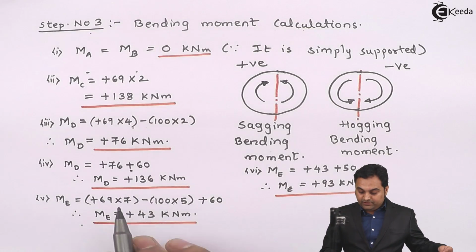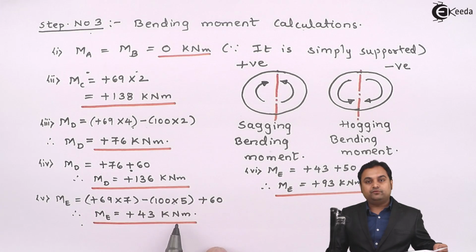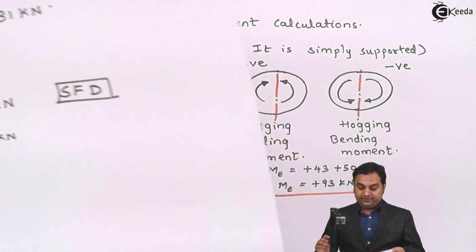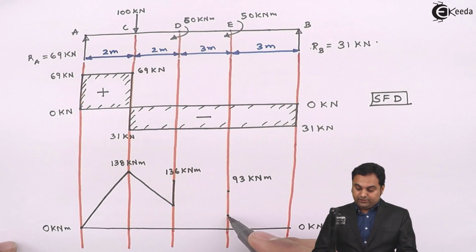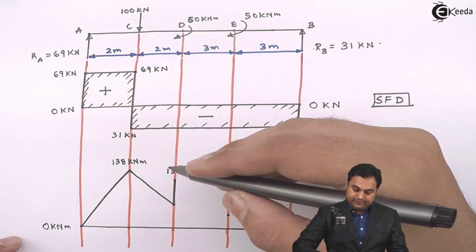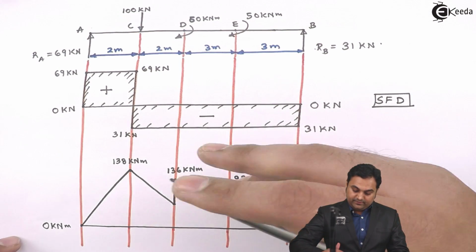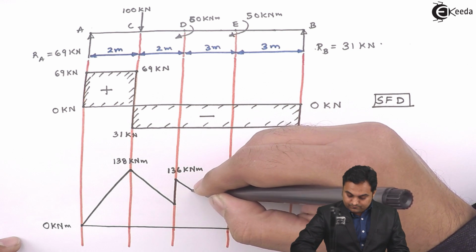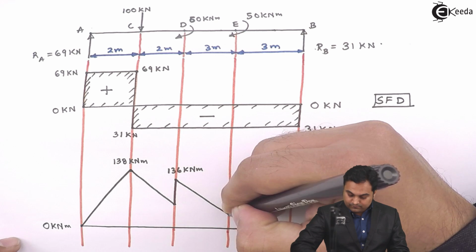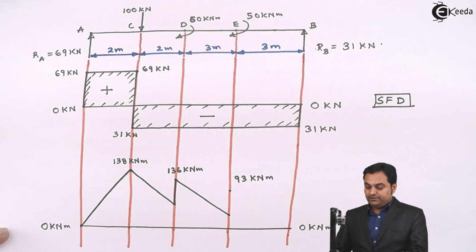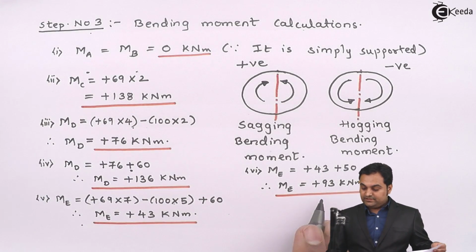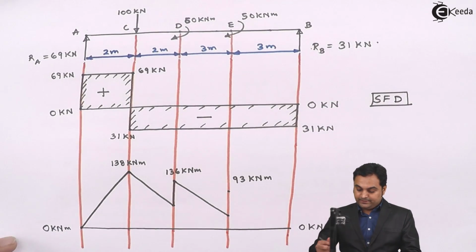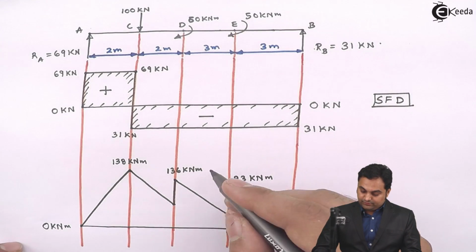Then from 136 kilonewton meter, it goes to 43 kilonewton meter, which is positive. So here I have 43 kilonewton meter at point E. Again there will be an inclined line from D to E. Plus 43 kilonewton meter. Then it increases up to plus 93 kilonewton meter.